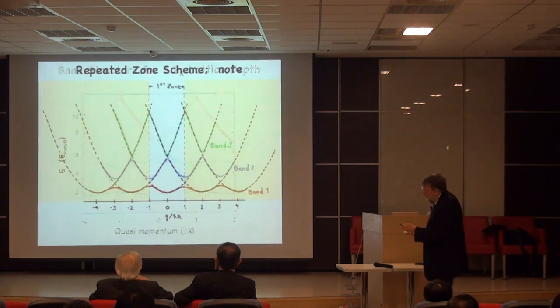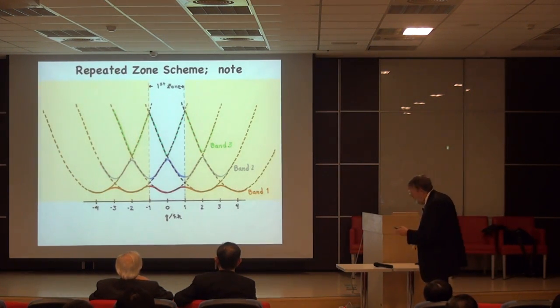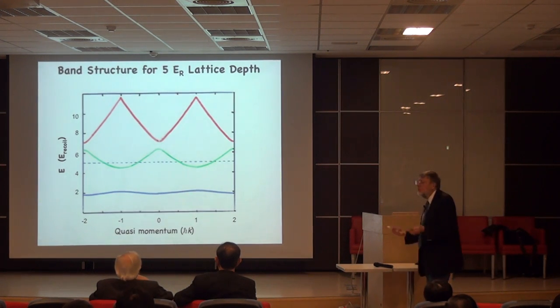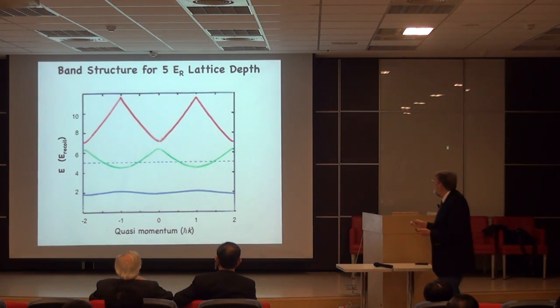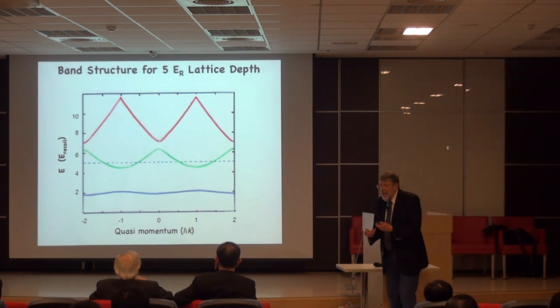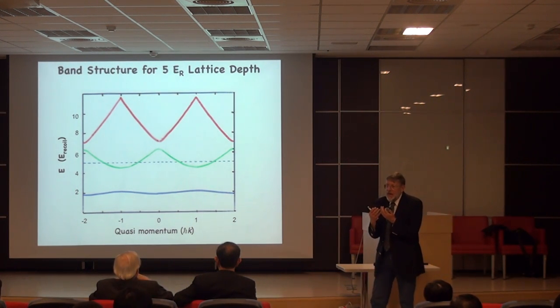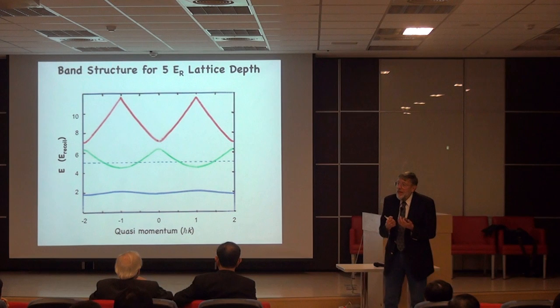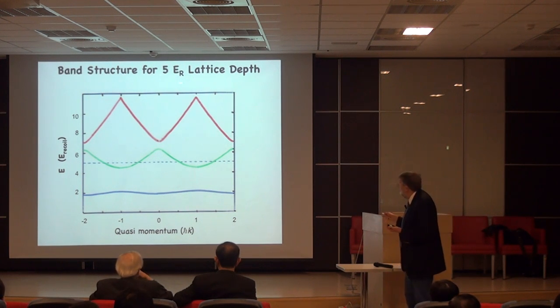Okay, so what I was showing you here was a cartoon of what the band structure looks like. Here's a real band structure for a lattice that is 5 recoil energies deep. What is a recoil energy? Imagine I had an atom at rest, and it absorbs one photon. It's going to recoil from the momentum of that photon, and its kinetic energy from that recoil is what we call the recoil energy.